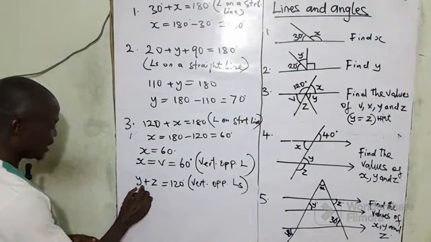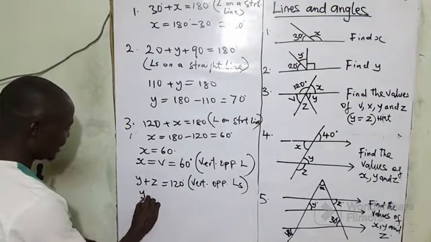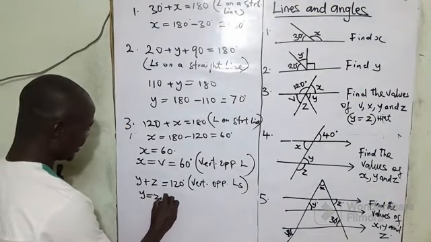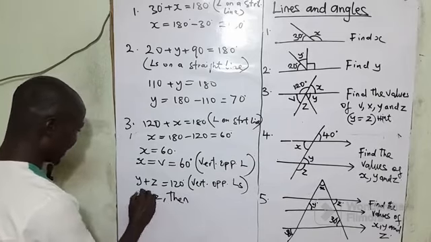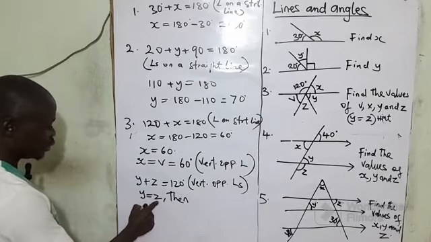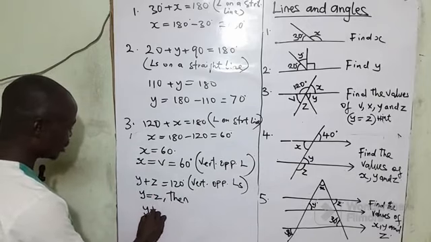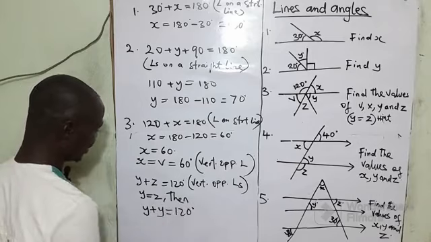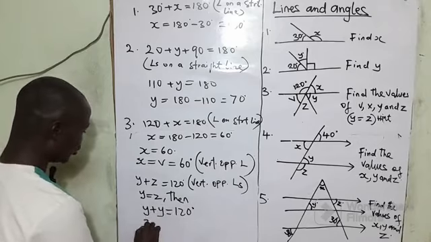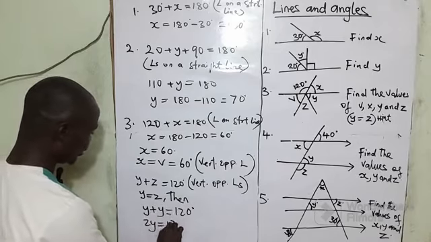So since y is equal to z, I can now replace z with y. So I will now have y plus y is equal to 120 degrees, and that gives me 2y is equal to 120 degrees.